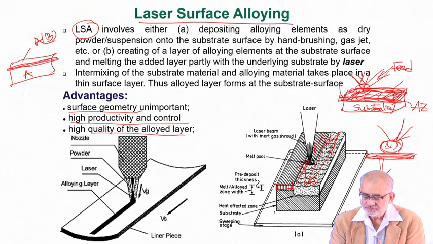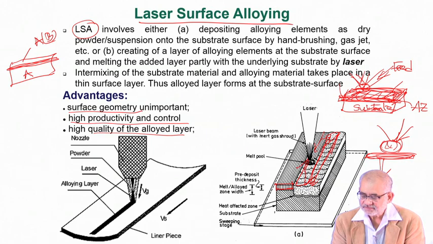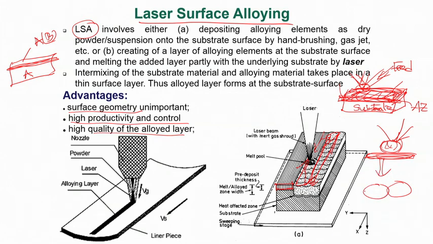Now when the laser beam moves up and down like this, we have to make sure that if this is one spot, the next spot cannot afford to be tangential. It has to have a certain level of overlap, and usually this overlap region is anything between 15 to 30%. Ideally I would say about 20%.